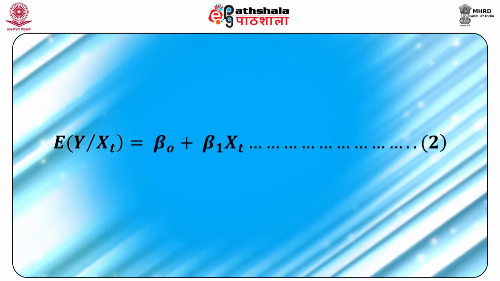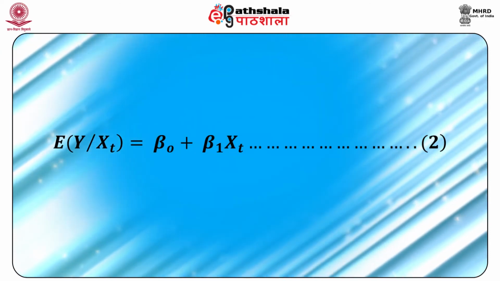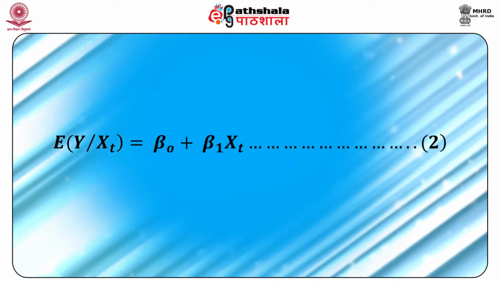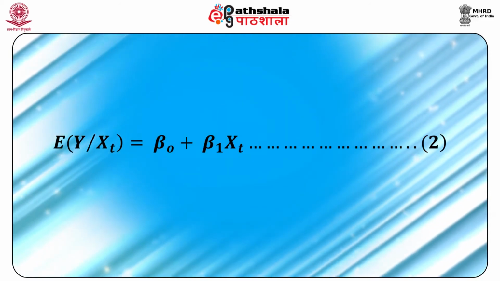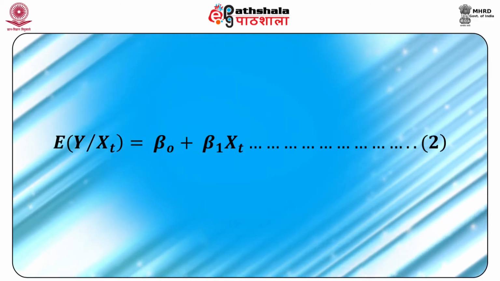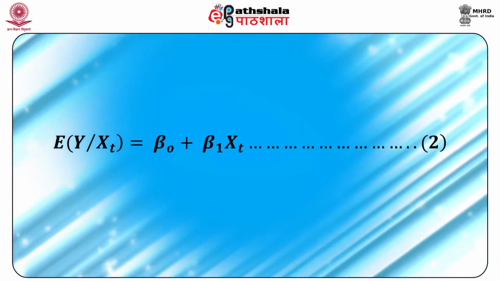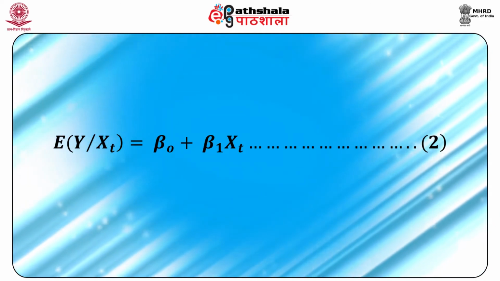Hence, we can write this function as the expected value of y given xt is equal to beta 0 plus beta 1 xt, and this can be defined as equation 2. In this equation 2, beta 0 and beta 1 are known as regression coefficients.